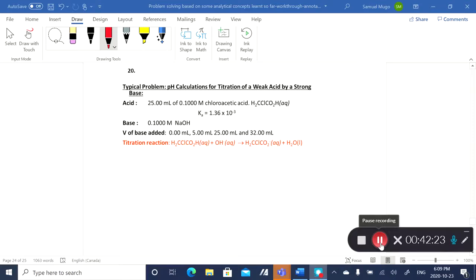So my last problem here is a titration reaction, but in this case we are doing an acid-base titration.